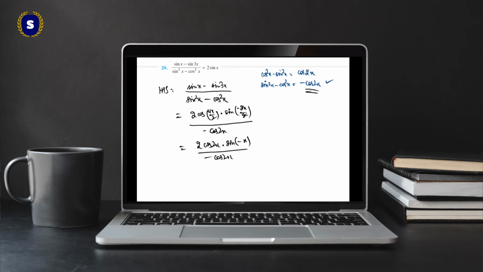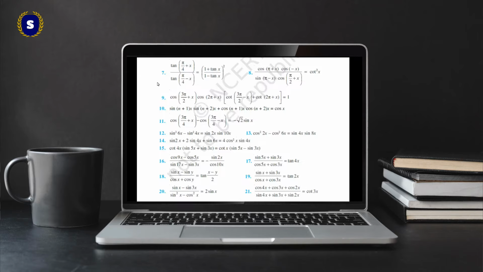So cos 2x cancels out, and this minus will come to the front, so minus 2 sin x upon minus 1. It will be forming 2 sin x, which is equal to RHS. Hence proved. Let us jump to the next question, that is question number 21.